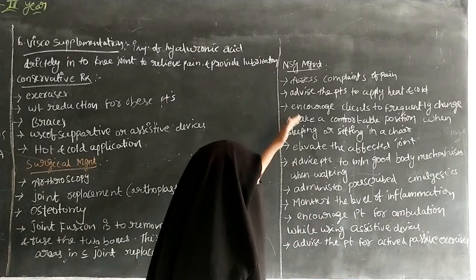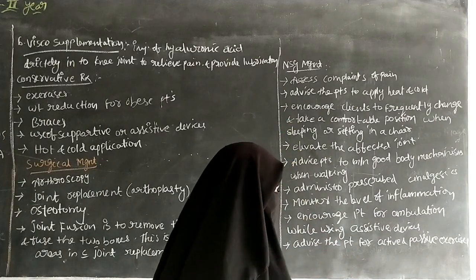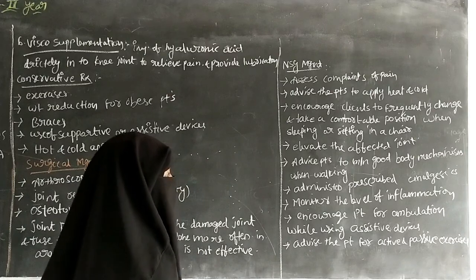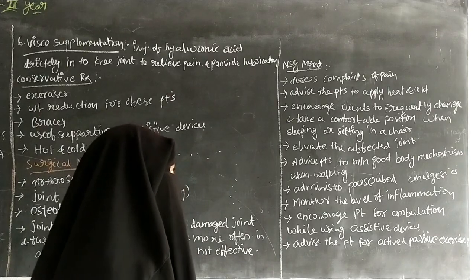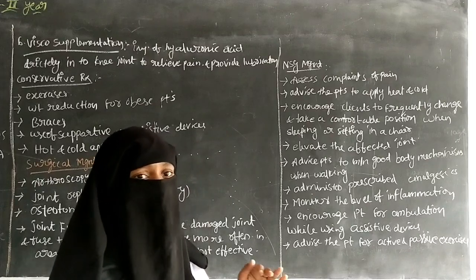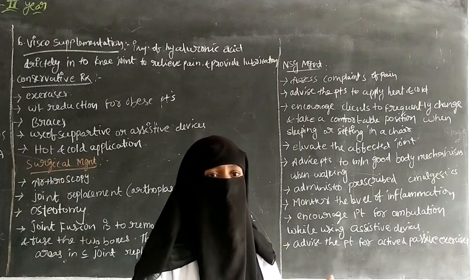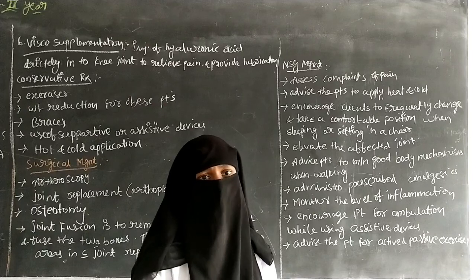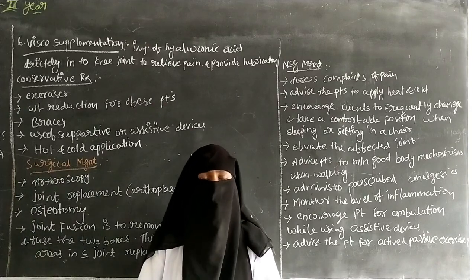Next one is encourage clients to frequently change and take a comfortable position when sleeping or sitting in a chair. The nurse has to advise the patient to maintain a comfortable position while sitting or sleeping.